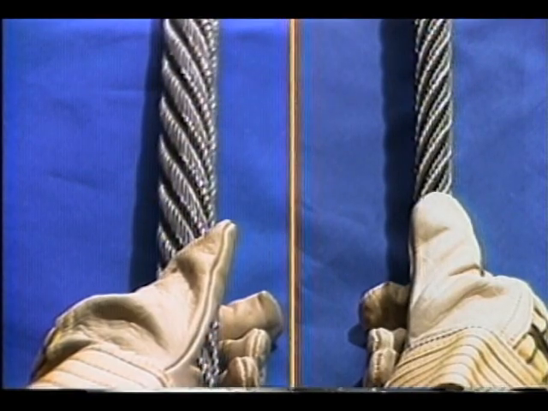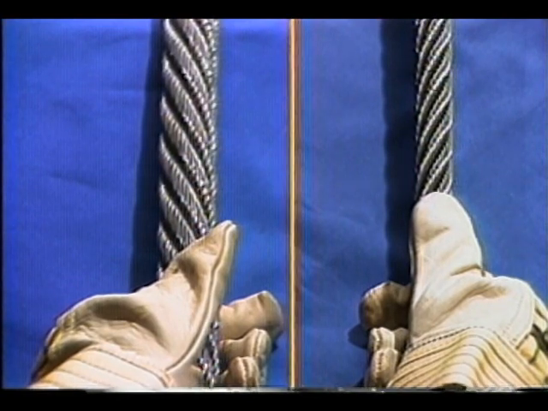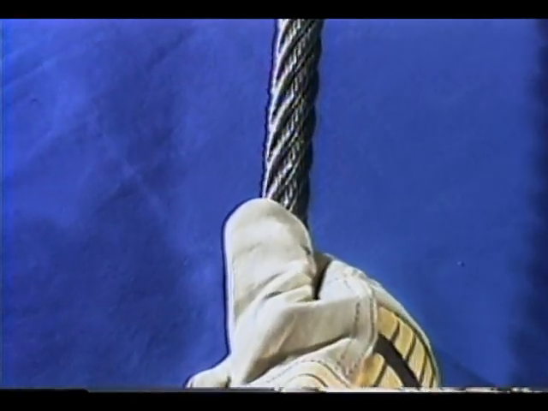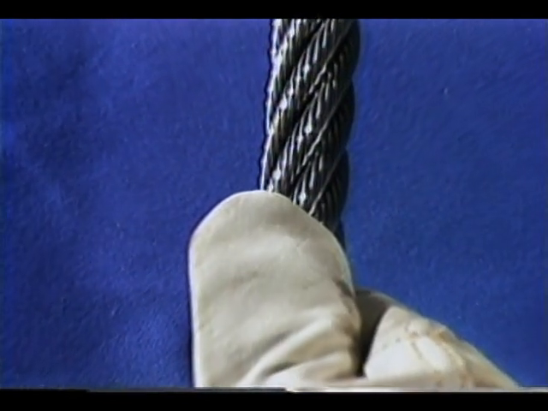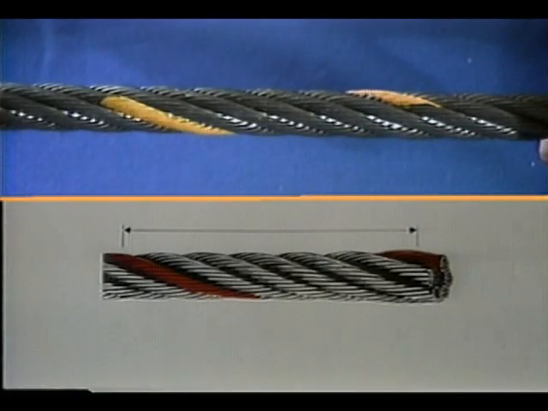Rotation is either to the right, clockwise, or to the left, counterclockwise. The lay of the rope affects its flexibility and resistance to wear. The term lay length means the distance in which a strand makes one complete revolution around the rope axis. Lay length is 6 to 7 rope diameters for most wire ropes.